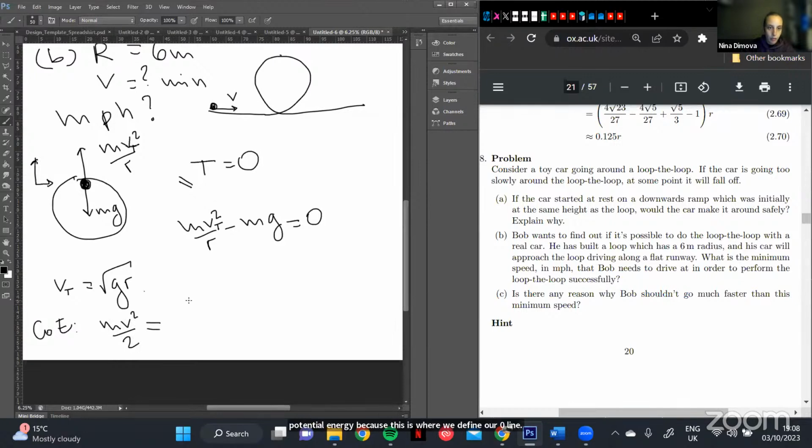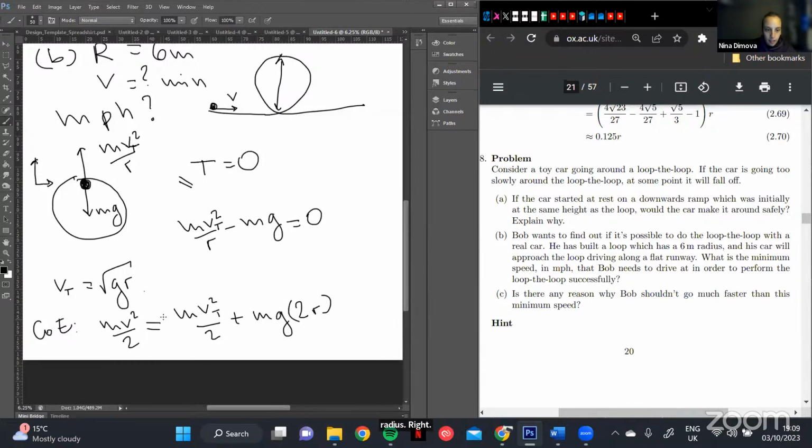And this should equal the total energy at the top, which is the kinetic energy m vt squared over 2 plus mg times this height. And this height is just twice the radius, right?